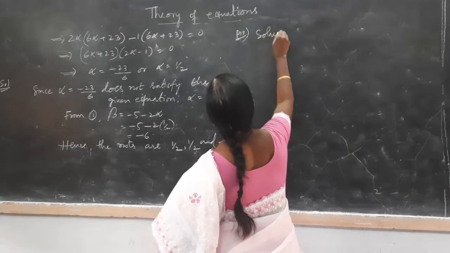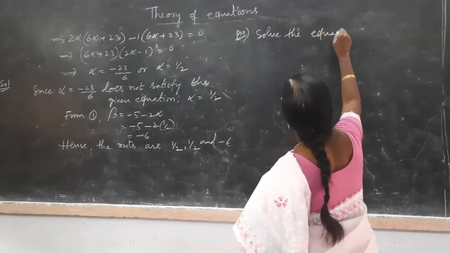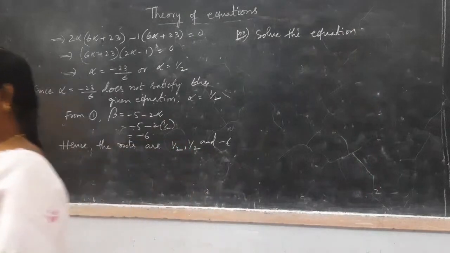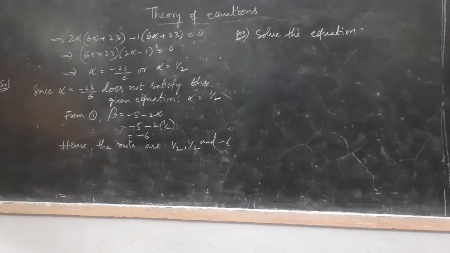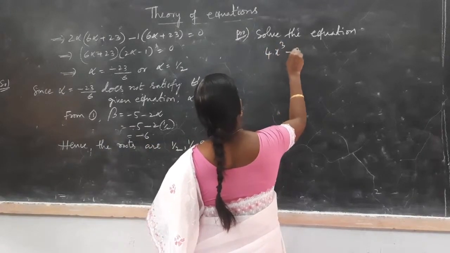Solve the equation. What is the equation? 4x³ minus 24x².